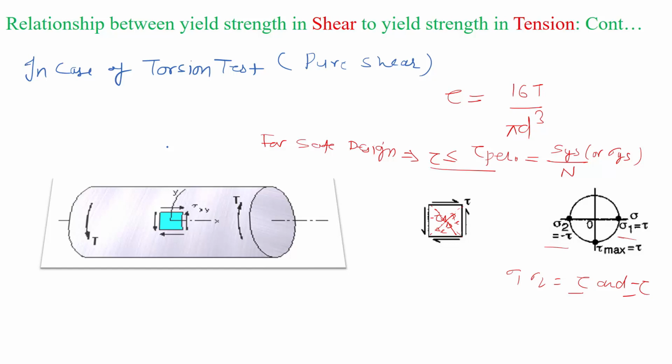Now we'll take all the theories serially and discuss the relationship between sigma ys and sigma yt. First we'll consider the MPST, maximum principal stress theory.